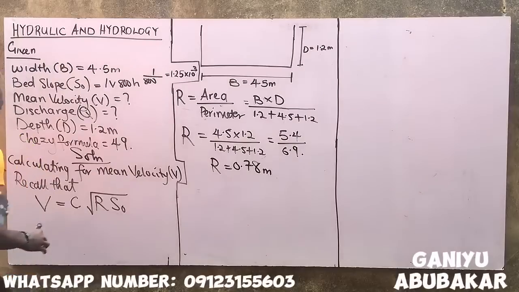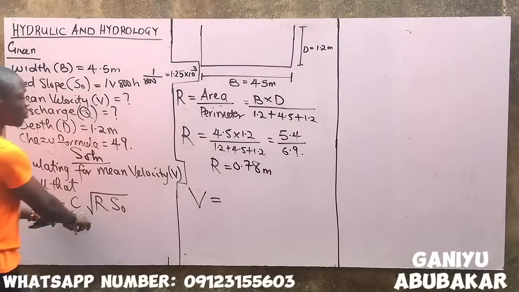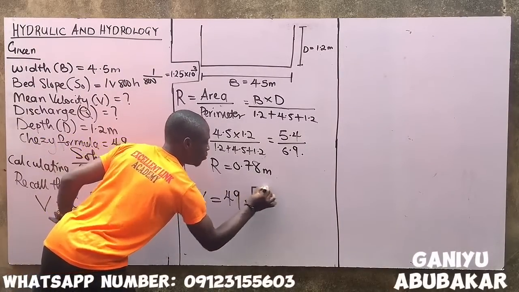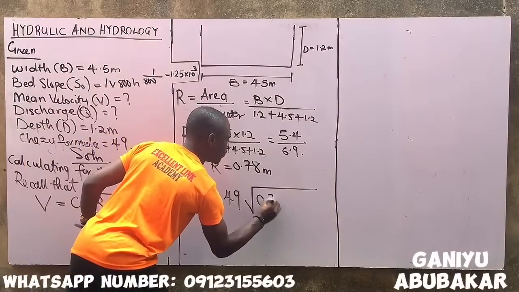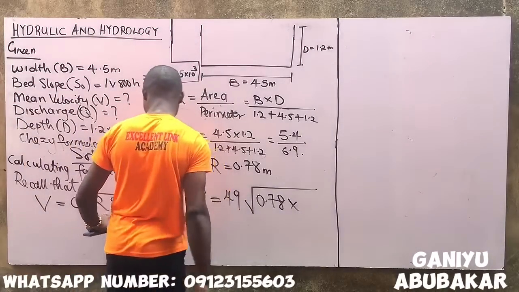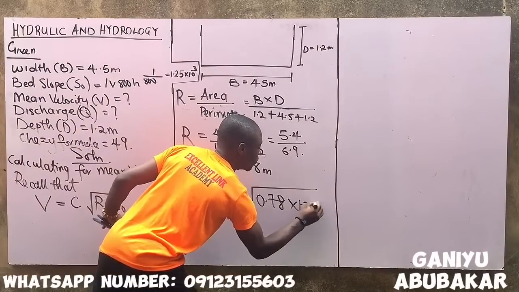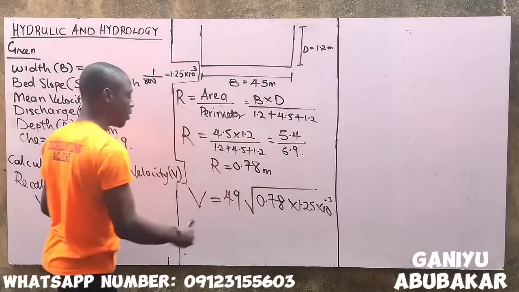So it means that my mean velocity V is equal to C. What's C? That's 49, times the square root of hydraulic radius R, which is 0.78, multiplied by S naught. What's S naught? That's 1.25 times 10 to the power minus 3.